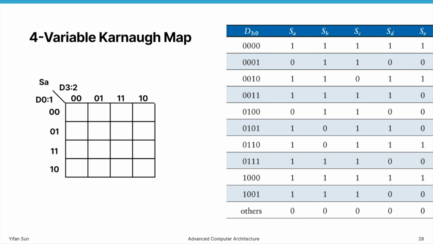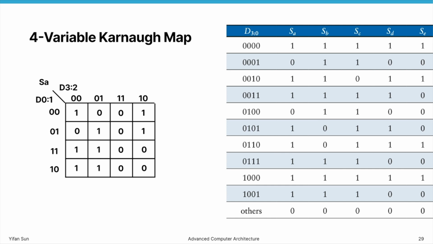Okay, then we circle them. Then we just write down the equation. This is the circuit that is required to generate this. Once we have this expression, we can draw the circuit that is required to implement this logic, right?